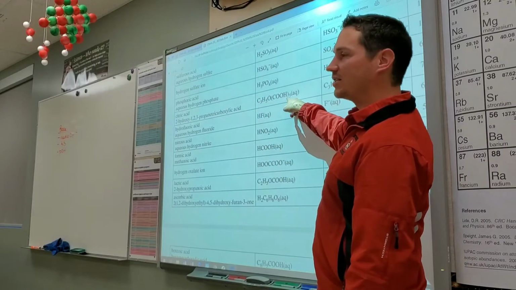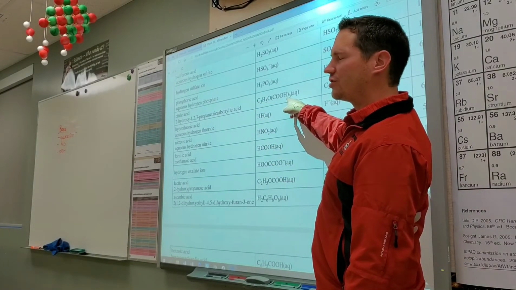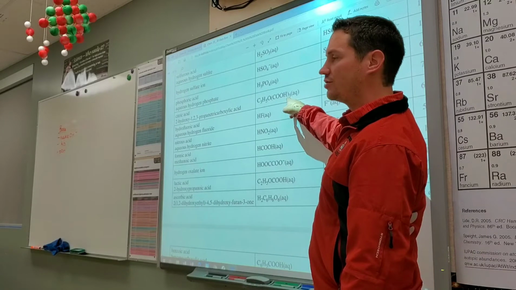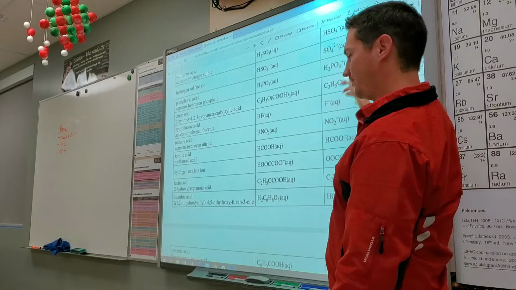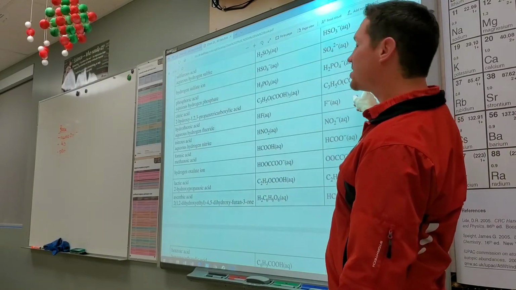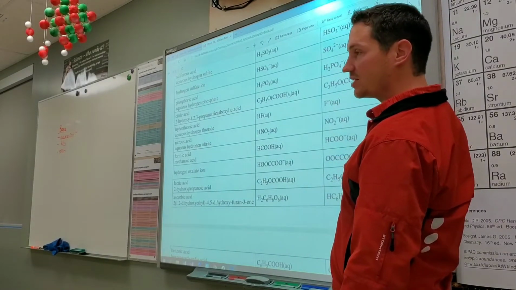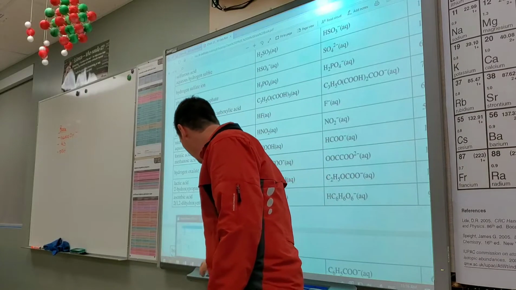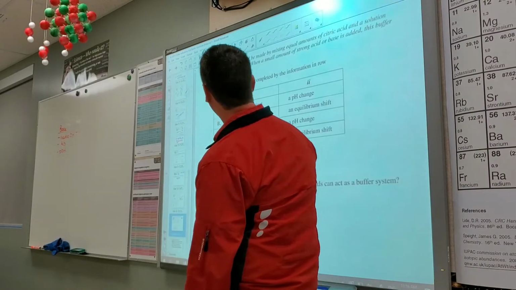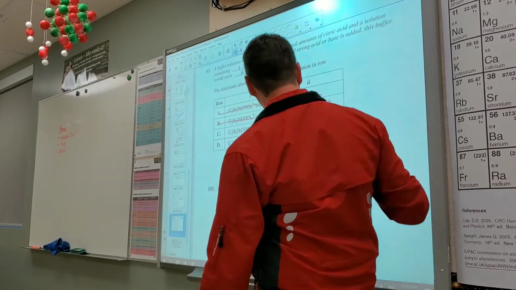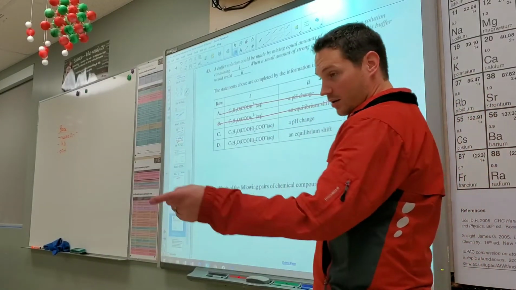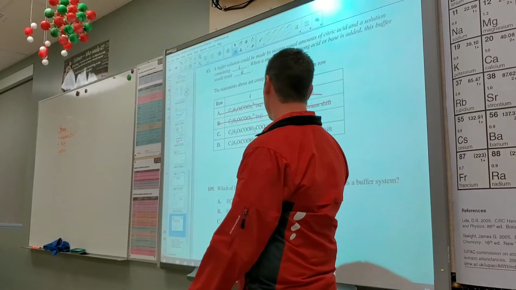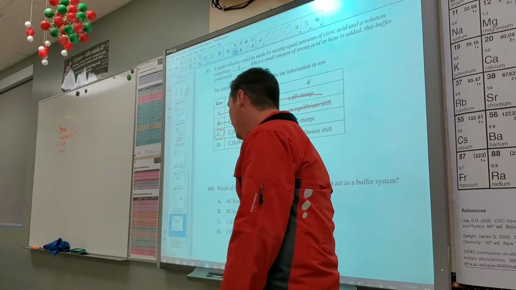This is citric acid, right? What's the conjugate base of citric acid? It's the one with 2 COOHs and 1 COO minus, right? Good. So it can't be A or B. And what's the purpose when a small amount of a strong acid is added? It's buffering a pH change, right? It's trying to mitigate a pH change.